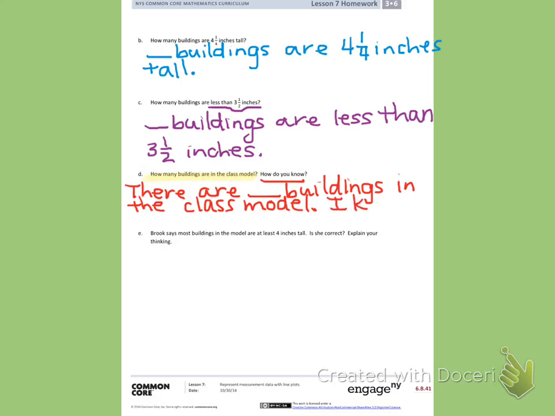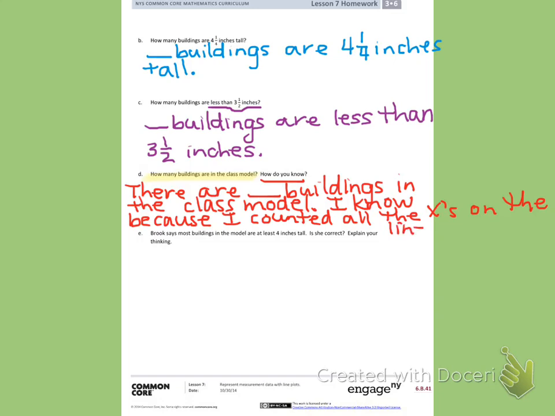I know because I counted all the X's on the line plot.